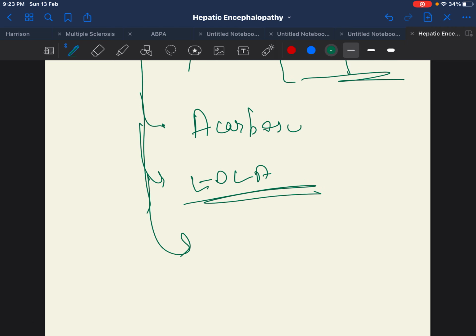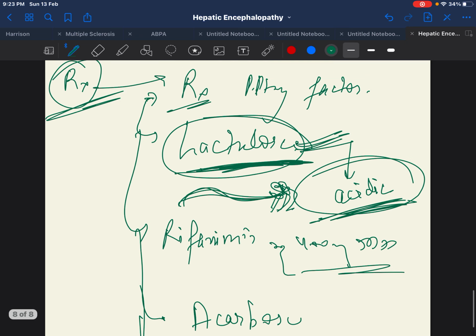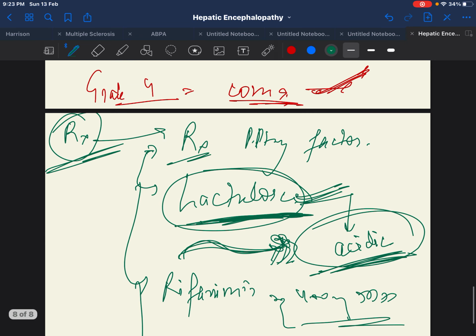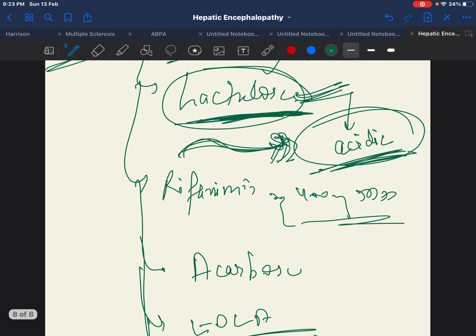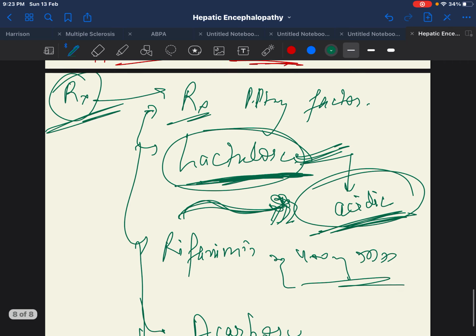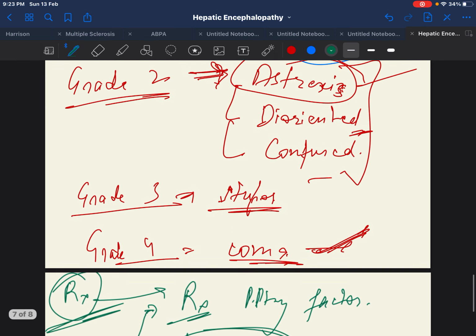And sodium benzoate, although it is not much used. We use lactulose, treat the precipitating factor, and just use lactulose and rifaximin, and in some conditions, LOLA. So this is about the treatment.